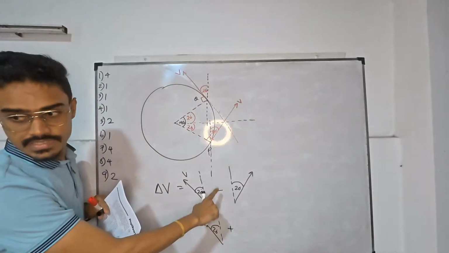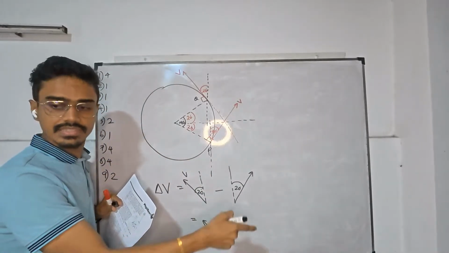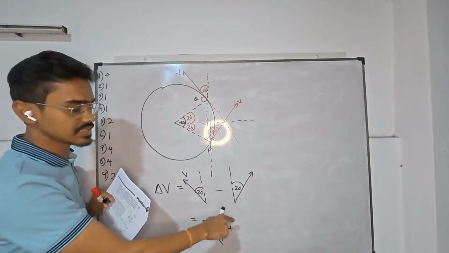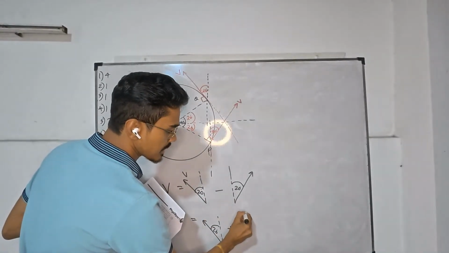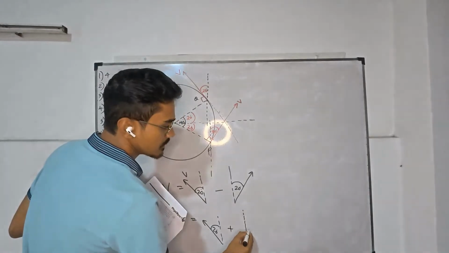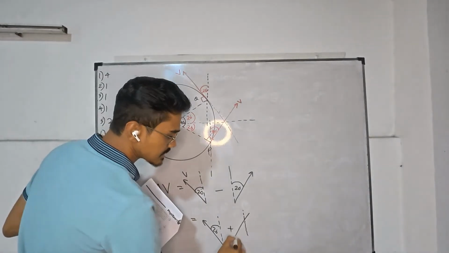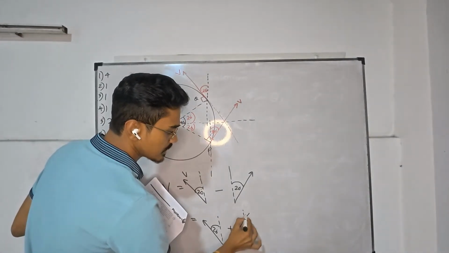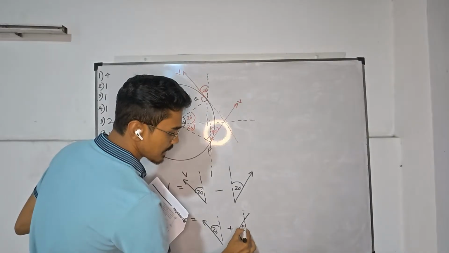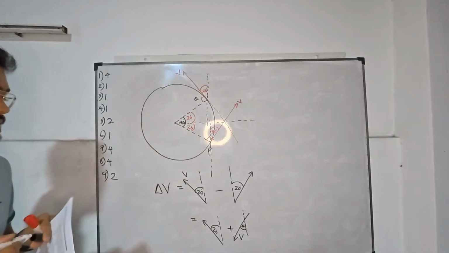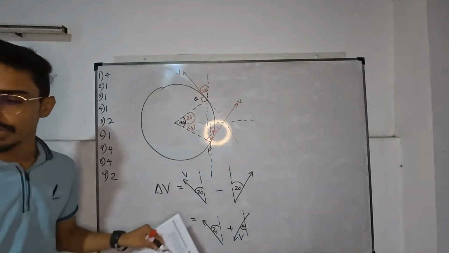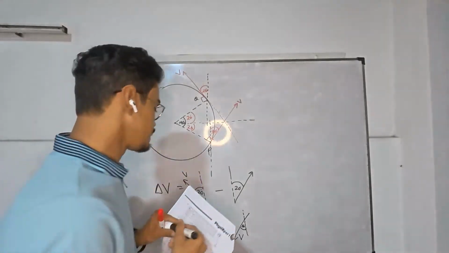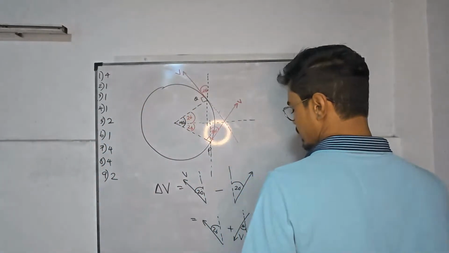If the sign in front of a vector changes, its direction changes. So this can be written as a vector in this direction, v at the same angle. Now I'm going to represent these two using a vector triangle.